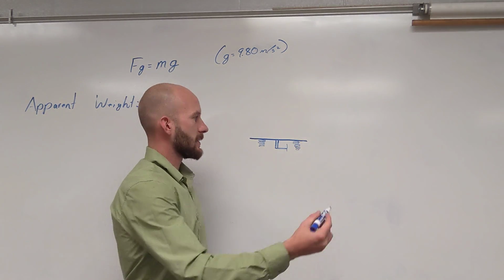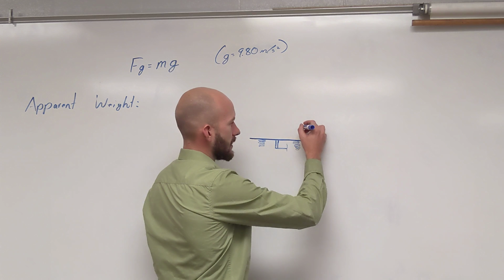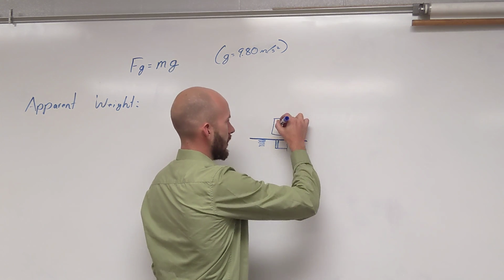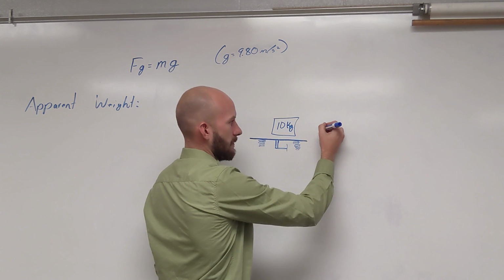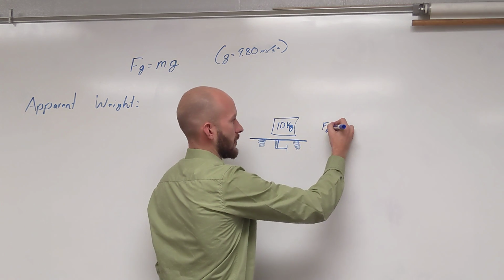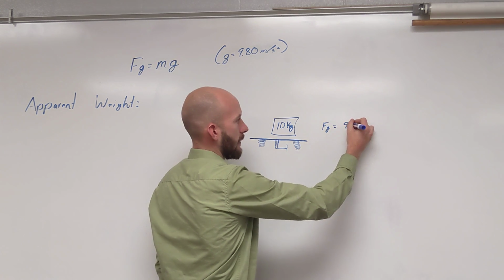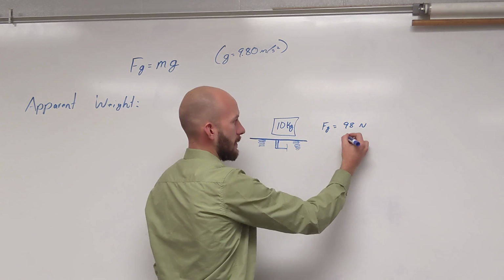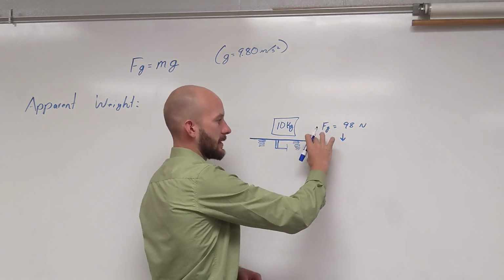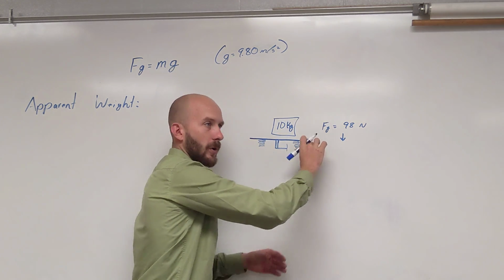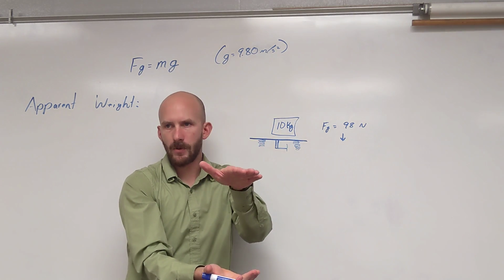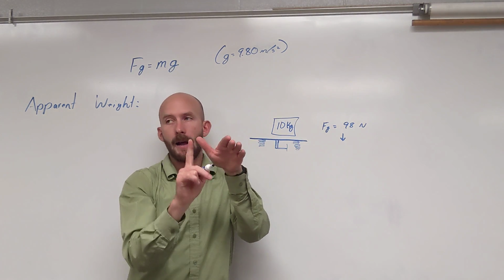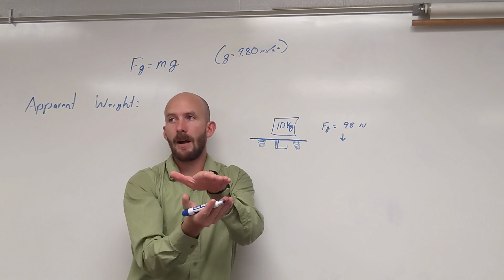So if I put a 10 kilogram weight on a scale, that would have a force of 98 newtons pushing down. That's going to collapse the springs a certain distance. Once it starts to collapse so far, it's going to exert more force back up until it balances out and stops.